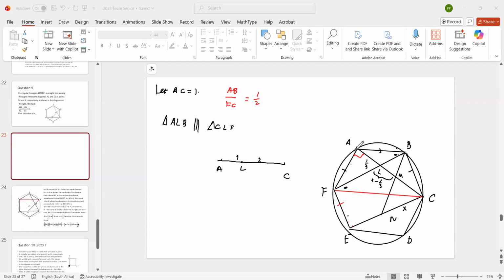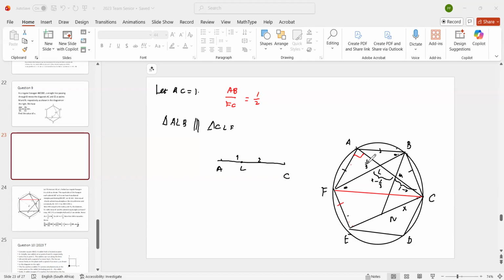LM, because AM is X, right? I rubbed it out earlier on. So that part is 1/3. So LM is X minus a third. Now look at MC. MC, the whole thing is 1. AM is X. So therefore, MC is 1 minus X, because the whole thing is 1 and AM is X. So you got that.